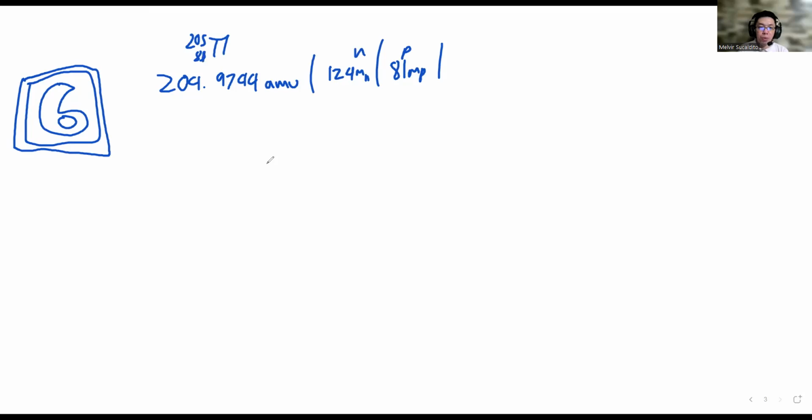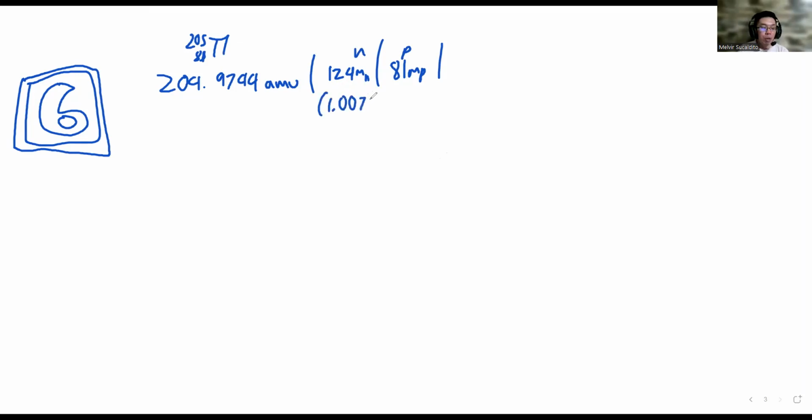To guide you, the mass of proton is 1.007825 amu.